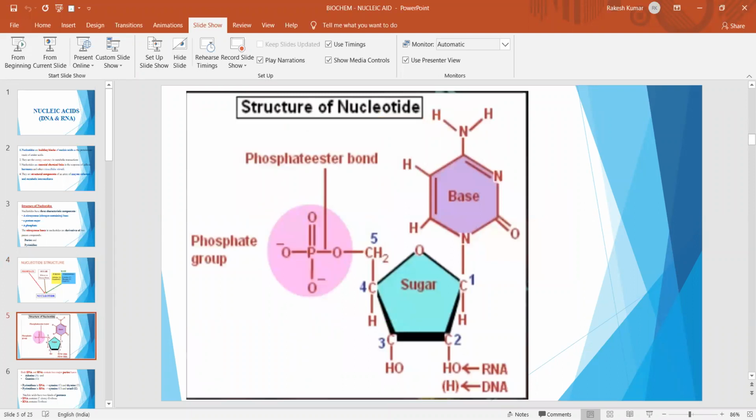Here you can see the basic structure of nucleotides, where the sugar is ribose sugar in case of RNA, and 2-deoxy-D-ribose sugar in case of DNA, which is attached to phosphate group on carbon 5.